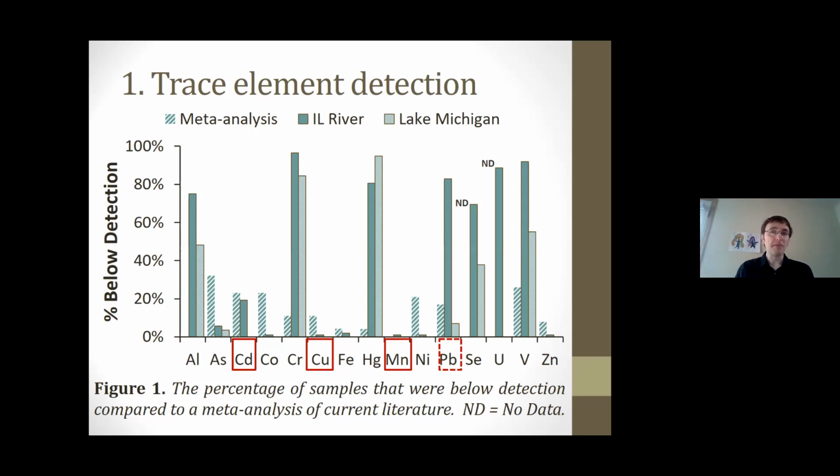Mercury, that's just because we were using ICP-MS for a few samples, and we switched to cold vapor atomic absorption spectrometry, which worked a lot better. And lead I include in this. I just don't think that shells are always a reliable source for that. I think they have a lot of issues with detectability.